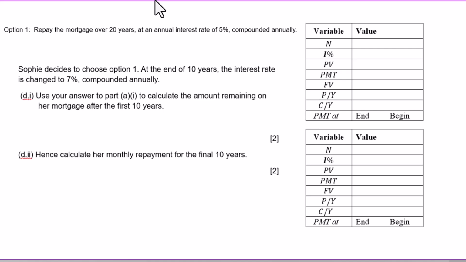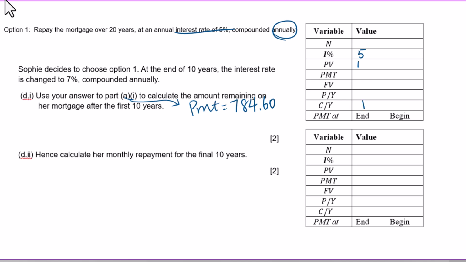At the end of 10 years, the interest rate is changed to 7%, compounded annually. Use your answer to part A1 to calculate the amount remaining on her mortgage after the first 10 years. A1 answer. PMT is $784.60. Here's the information from option 1. Interest rate is 5%. Compounded annually, CY is 1.